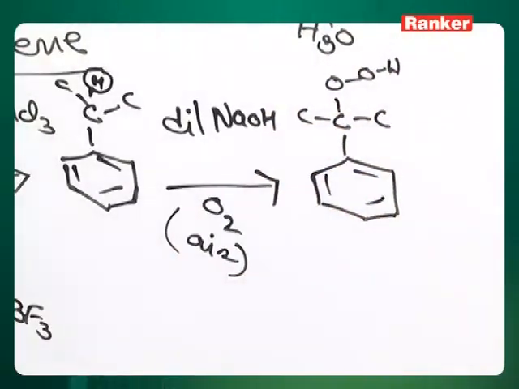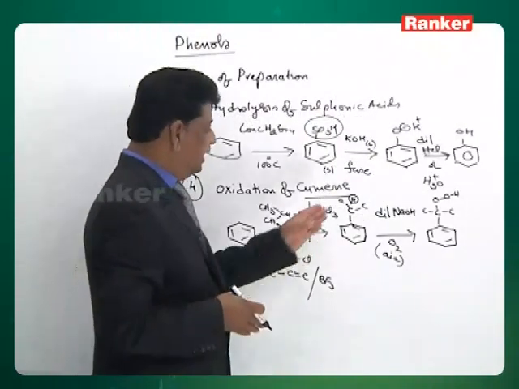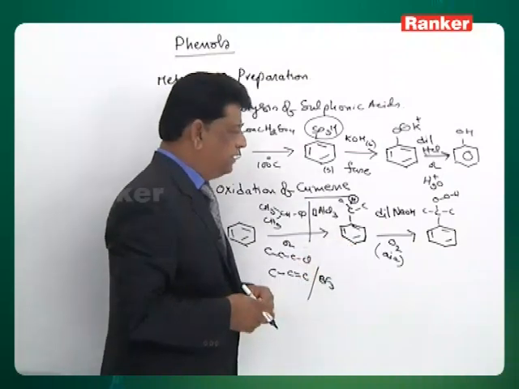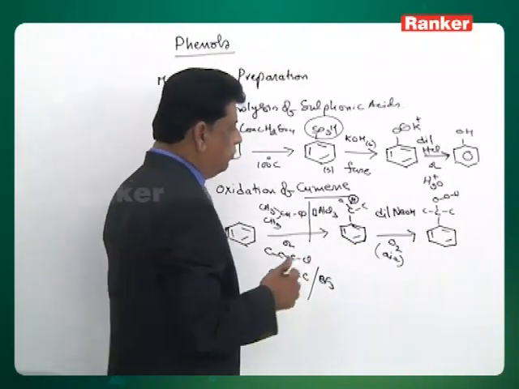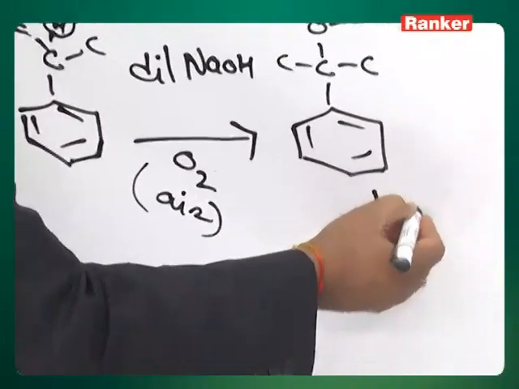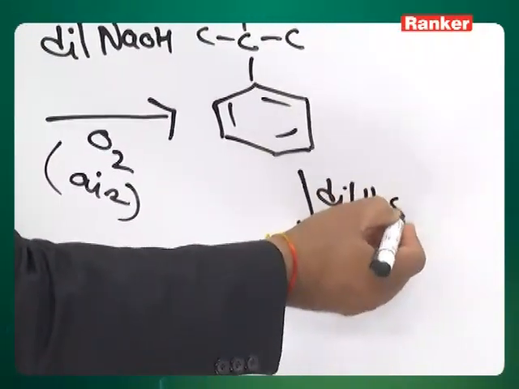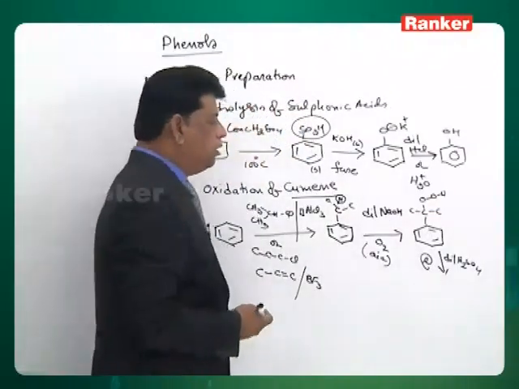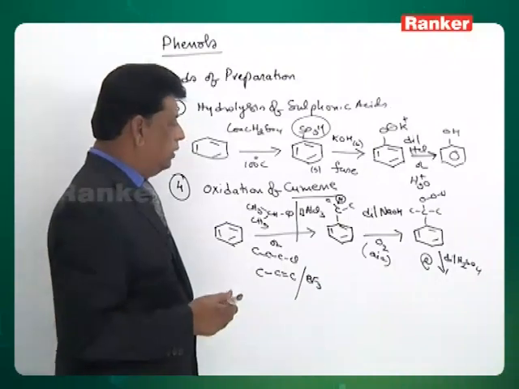The oxygen is inserted, and because of the high reactivity this is possible. Actually, alkanes will not undergo this type of reaction. When you take this compound and treat it subsequently with dilute H2SO4, it undergoes a rearrangement known as the cumene hydroperoxide rearrangement, which is a well known rearrangement.